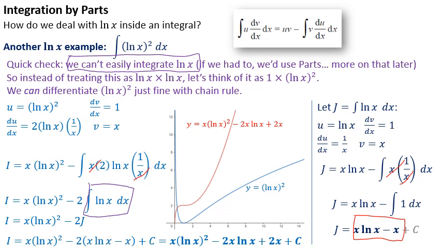For this example, we can identify which one's going to be the integral of what by thinking more easily, in fact, in terms of which one is the derivative of which. So we started with ln x squared and we integrated it. That means that if we look at the red graph and we differentiate it, we should get the blue graph.